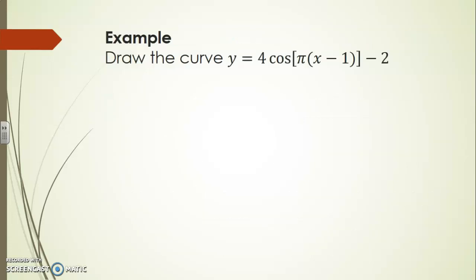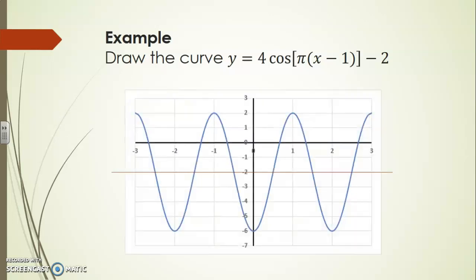y equals 4 cos of pi times x minus 1, minus 2. First of all, minus 2 plays the role, I'm going to go slower here, minus 2 is the k value. Notice how the first thing that I've drawn is a horizontal line at y equals minus 2, and oscillations will take place above and below this line.